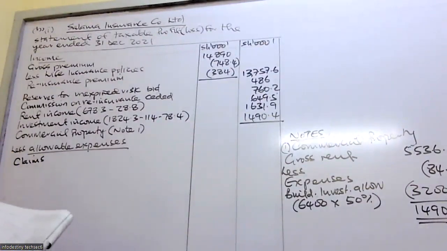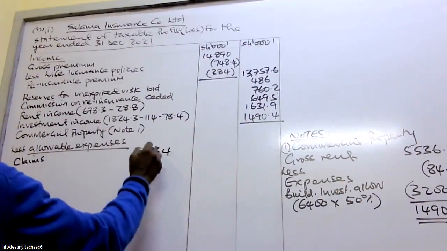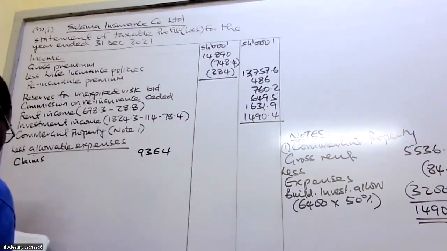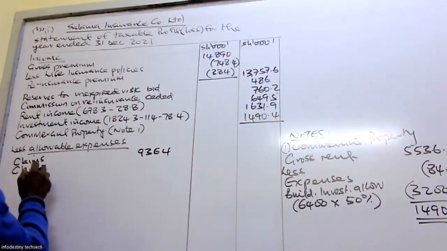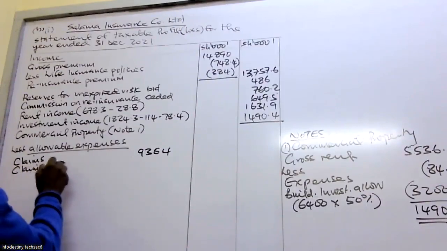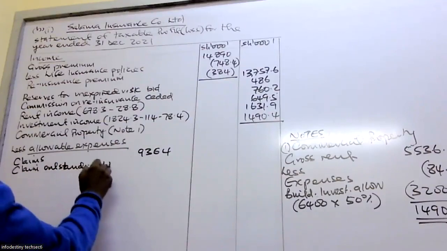And claims paid was 9364. Then we have claims outstanding brought down.